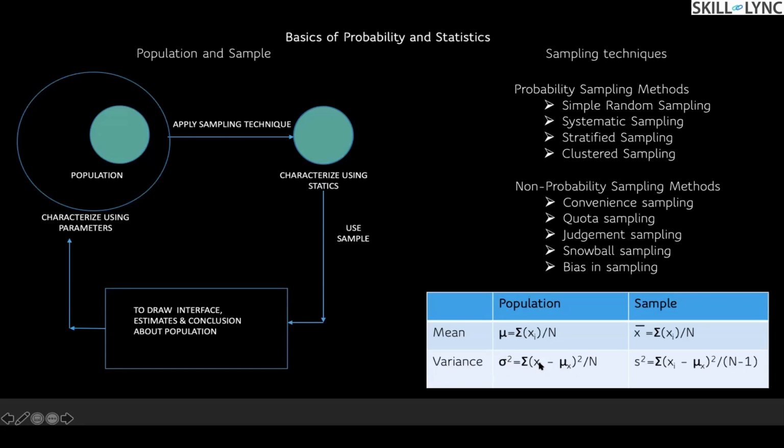This variance is calculated for all the observations about the mean. Yes, you have a very good question: why is variance always squared? I was about to explain that. For example, say x is the observations of different vehicle speeds, and we know that vehicle speed will be in kilometers per hour or meters per second.